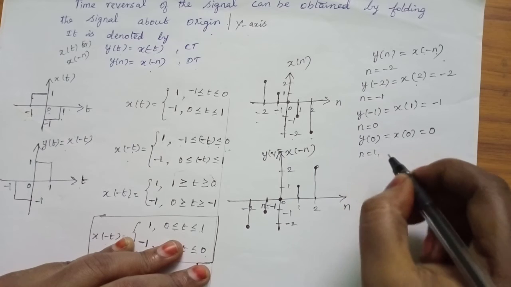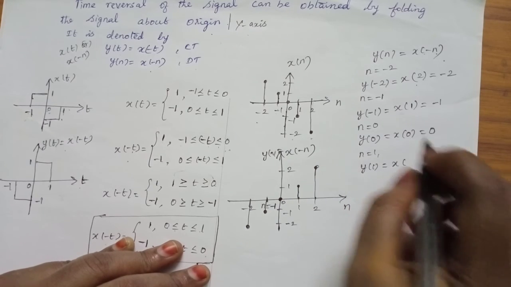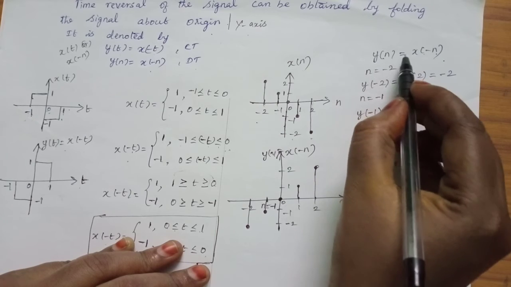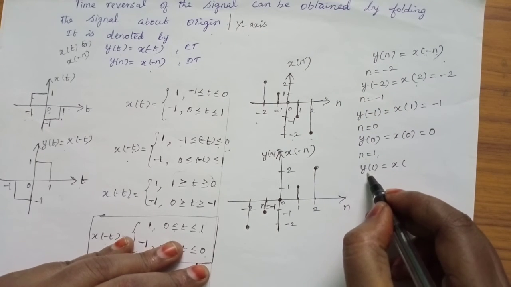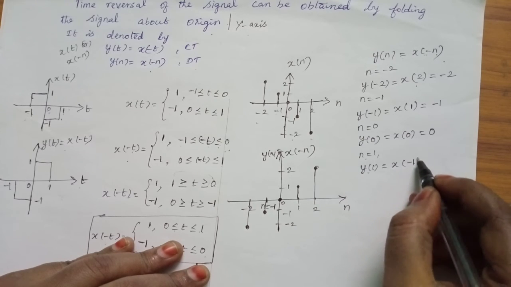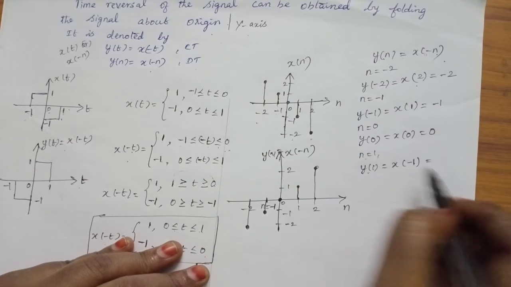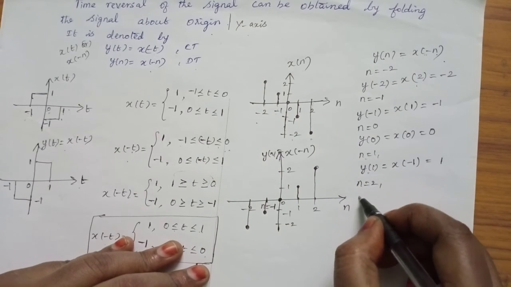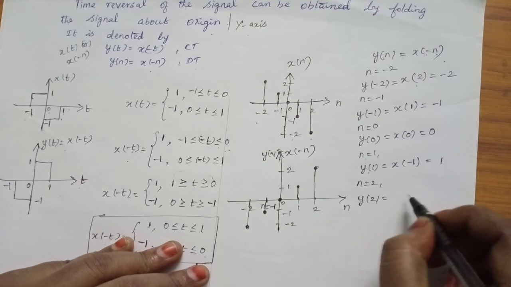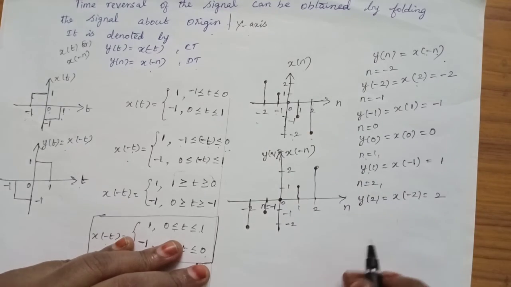And n equal to 1 means y of 1 equal to x of minus 1, so x of minus 1 is plus 1. And n equal to 2 means y of 2 equal to x of minus 2, and x of minus 2 is plus 2.